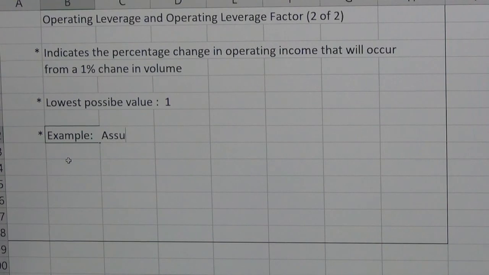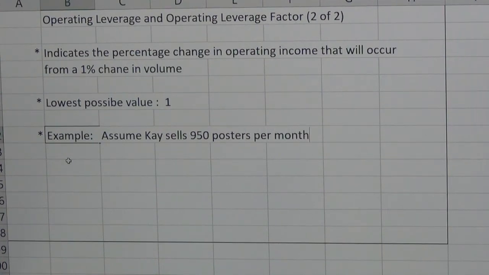Let's assume K sells 950 posters per month, which I think we've already done before, but let's assume it in this example. So in this case, the contribution margin is 950 posters times $14.